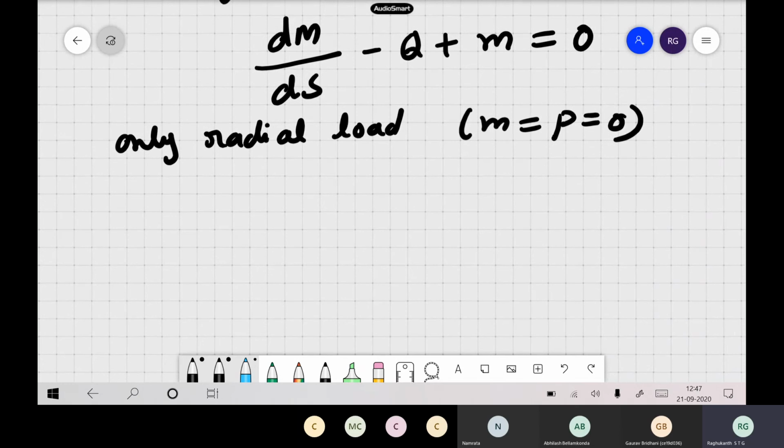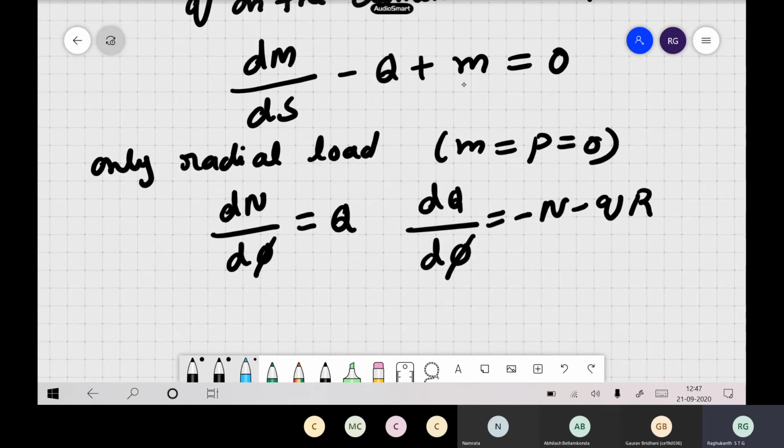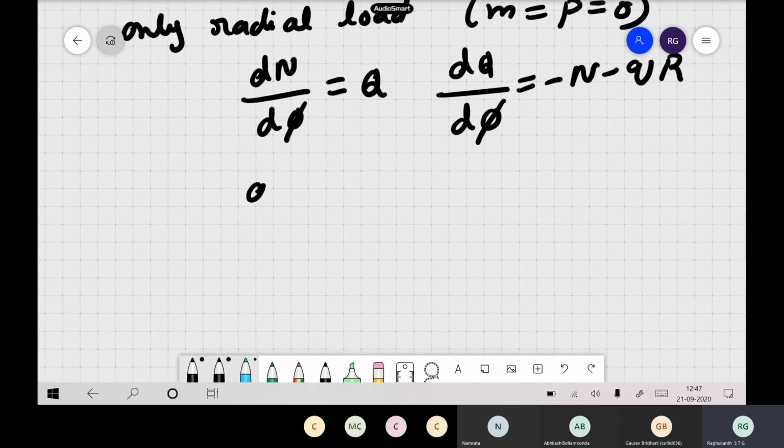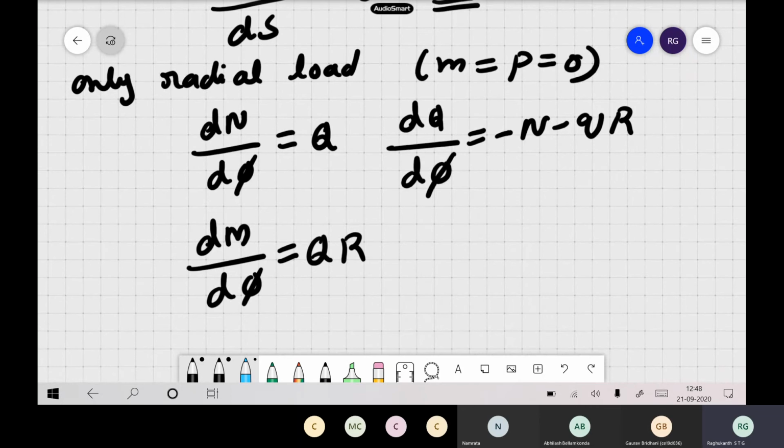Then you can write nicely: the first equation becomes dn by d phi is equal to capital Q. The second equation, dq by d phi is equal to minus n minus q times r. The third equation: m is equal to 0, so automatically dm by d phi is equal to q times r itself. These are the three equations we get for only radial load.